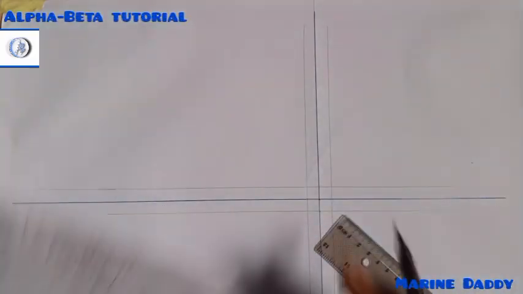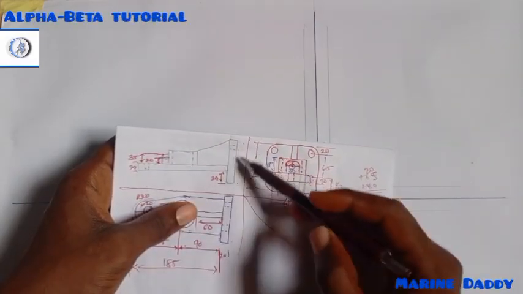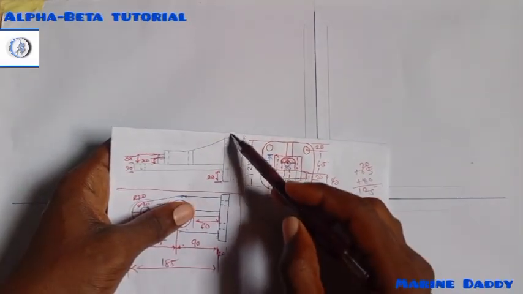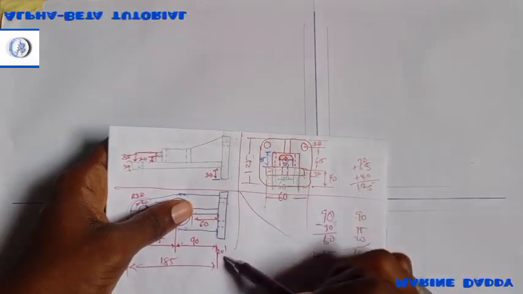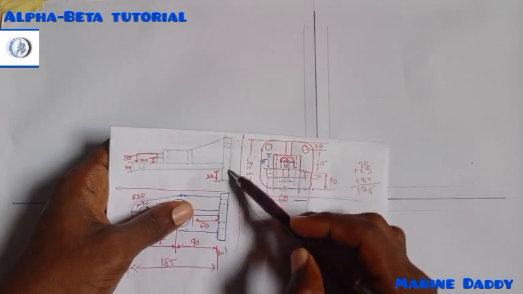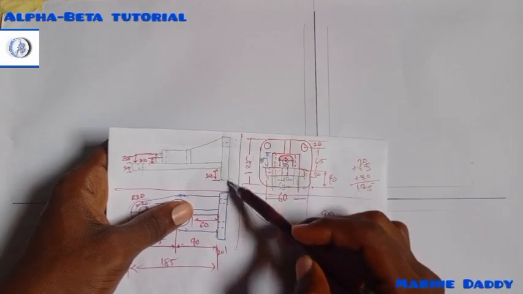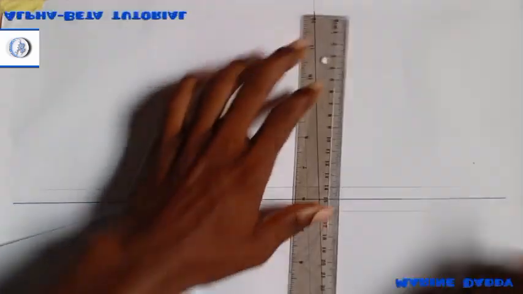So let's go now. This part of the diagram, we'll work with it now. We are drawing this side first, which is the front view. So this one is 20 by how many here? Here to here is 125. So 20 by 125.